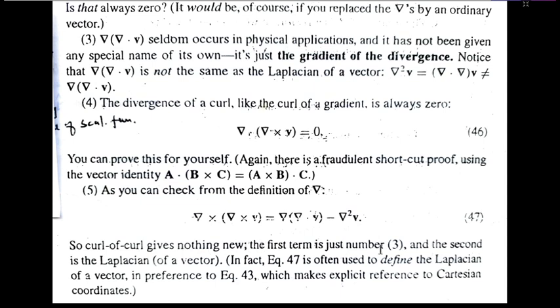The first term is just equation 3, that is what I said, the gradient of divergence, and the second is the Laplacian. So equation 47 resembles the earlier 4 varieties, or 4 species, of the secondary operations we have seen just upstairs in the slides.